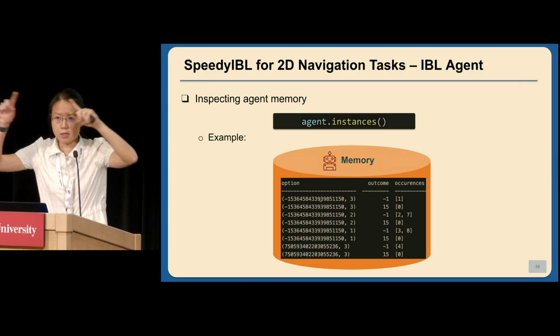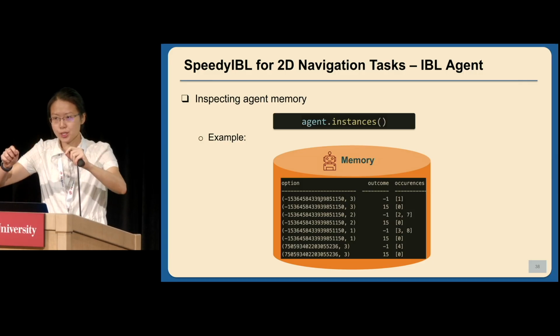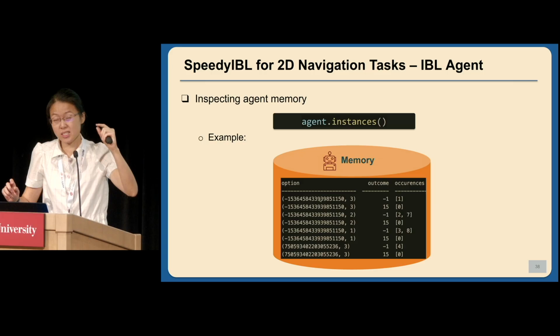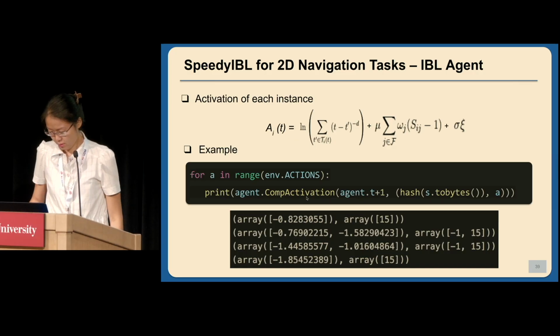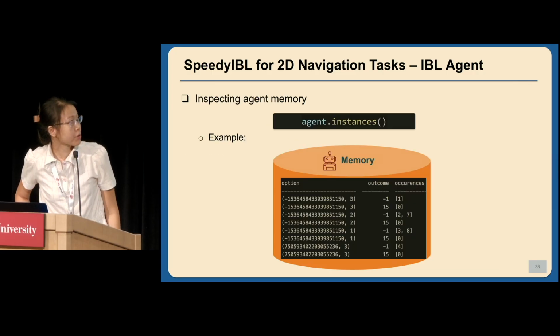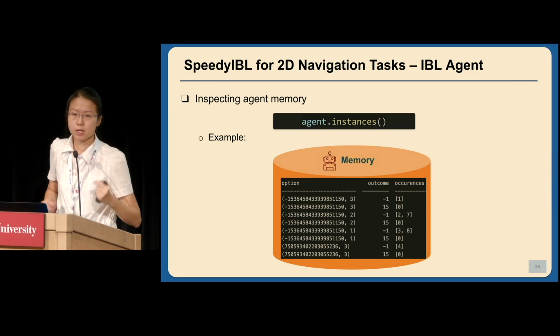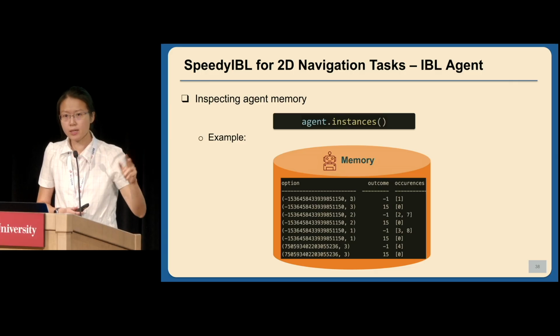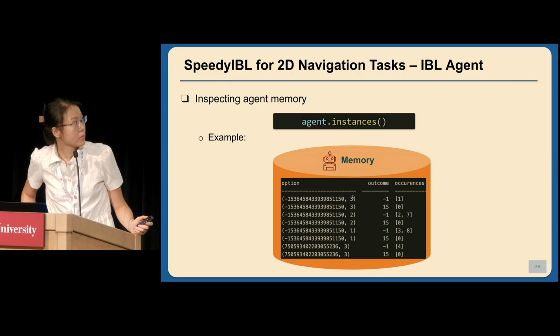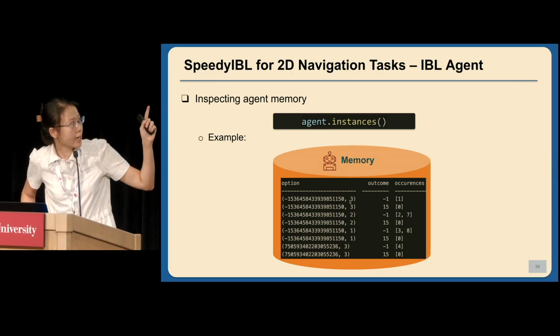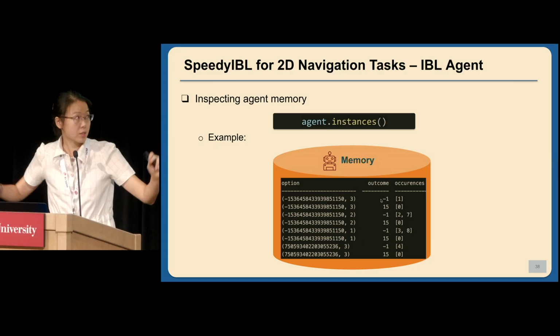Because it's a matrix, we just hash it into a unique integer. This is just the technical part. Then we have 4 options denoted by 0, 1, 2, 3, representing up, down, left, right. And then we have the outcome. So we have situation, action, outcome, which is an instance.